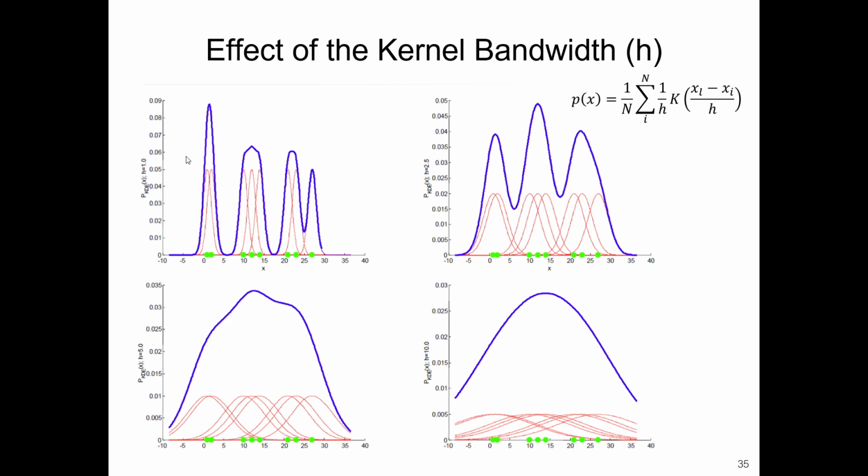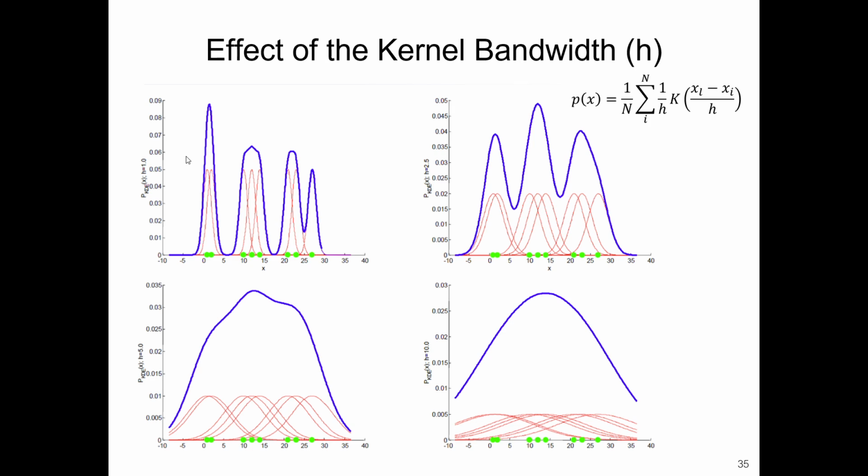This means that our Gaussians are focusing locally on data points, so I'm getting a lot of peaks. As soon as I increase the bandwidth, it becomes a much wider Gaussian. At the end, my KDE behaves like a Gaussian, the KDE result behaves like one Gaussian. So I'm better off using just one Gaussian.